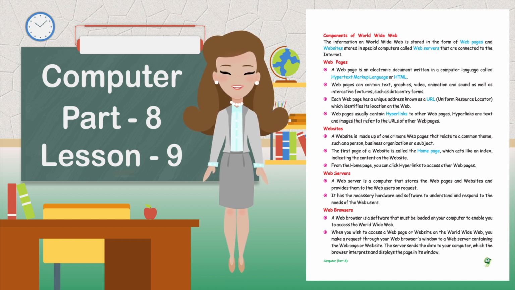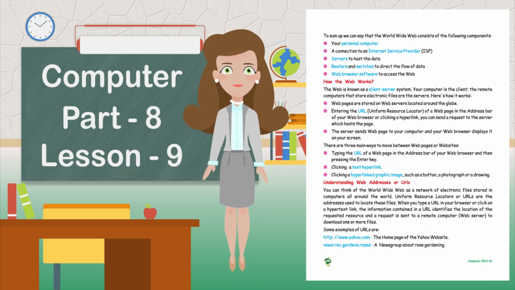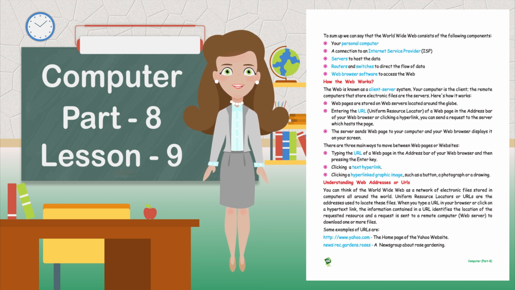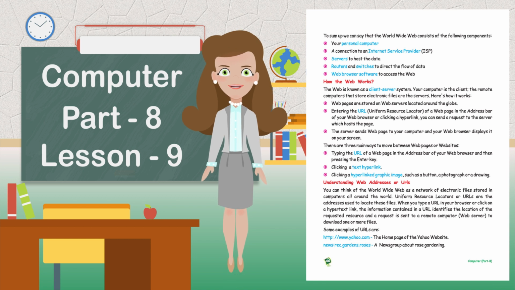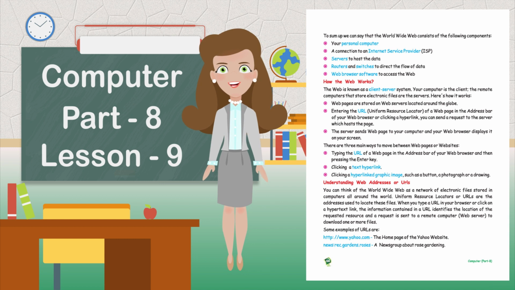The server sends the data to your computer, which the browser interprets and displays the page in its window. To sum up, we can say that the World Wide Web consists of the following components: your personal computer, a connection to an internet service provider, ISP, servers to host the data, routers and switches to direct the flow of data, web browser software to access the web.